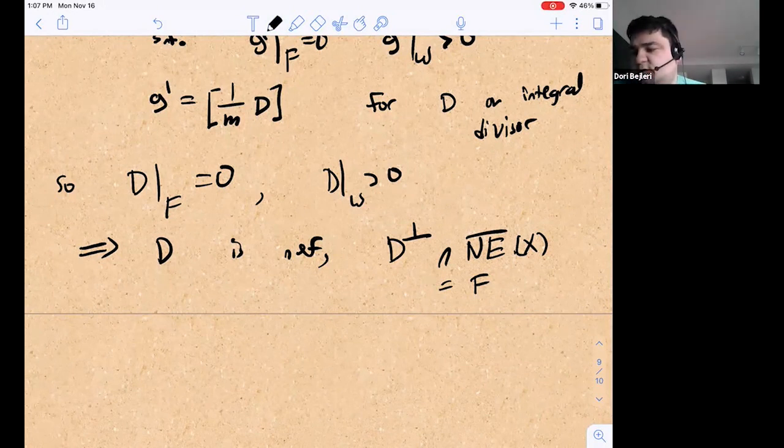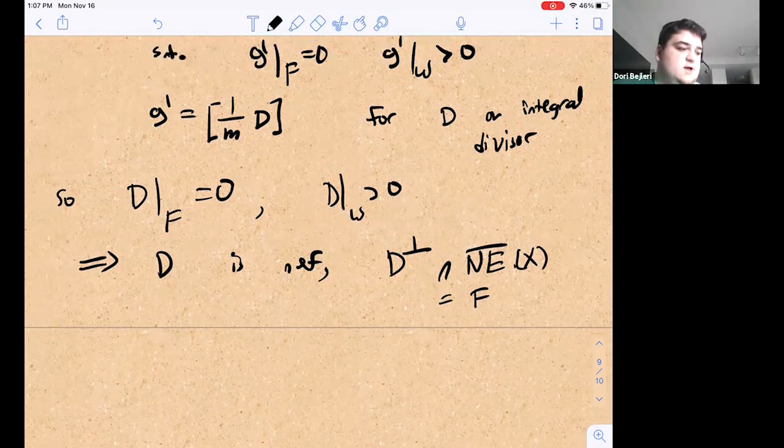And this D is some Nef Cartier divisor, and now we can apply the base point free theorem to this D.